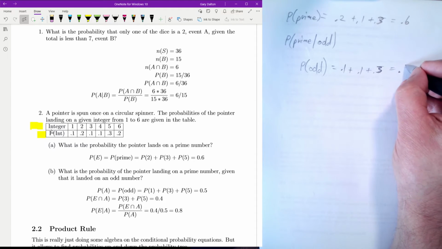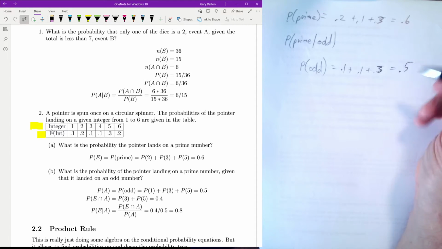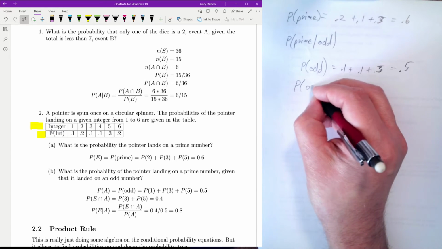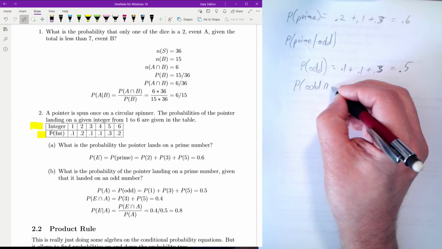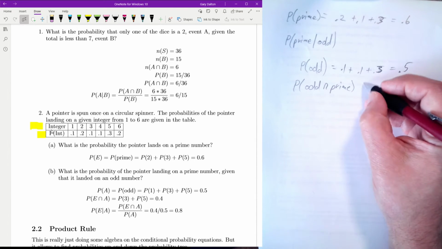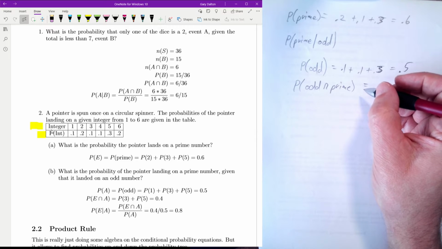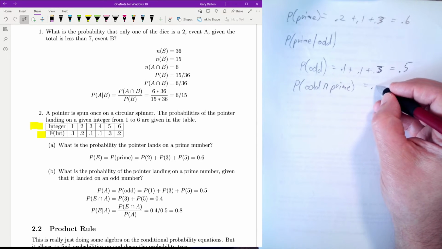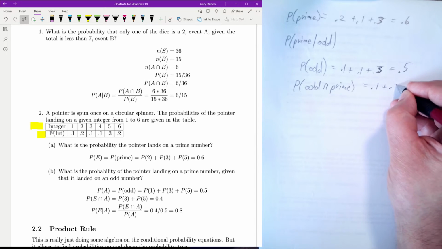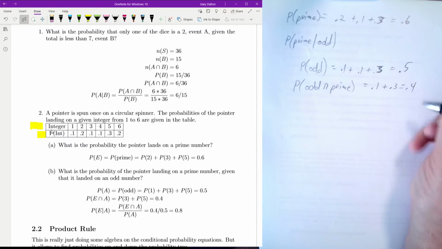Sorry about that. So the total is 0.5. And the probability of odd intersect prime is equal to, so the number 3 and the number 5, so 0.1 plus 0.3, which is equal to 0.4.